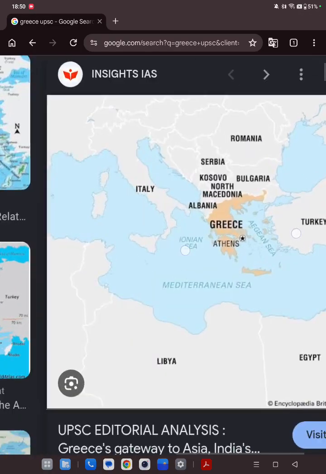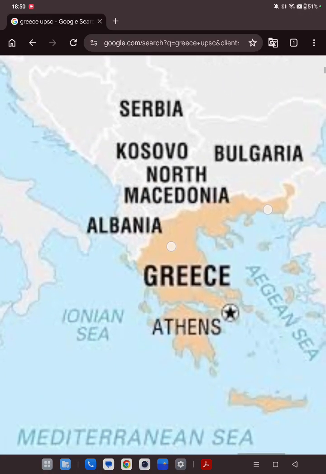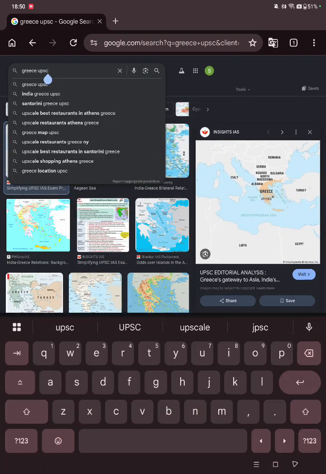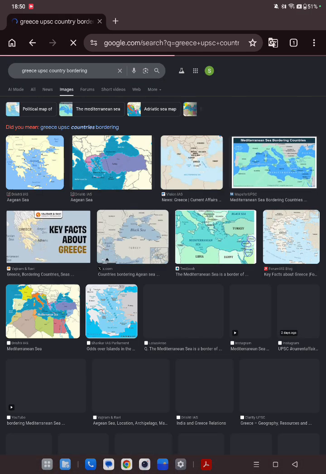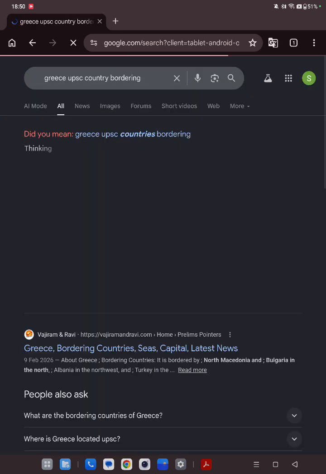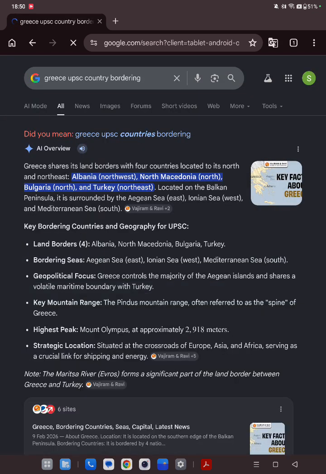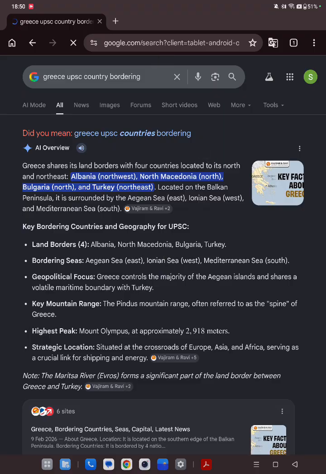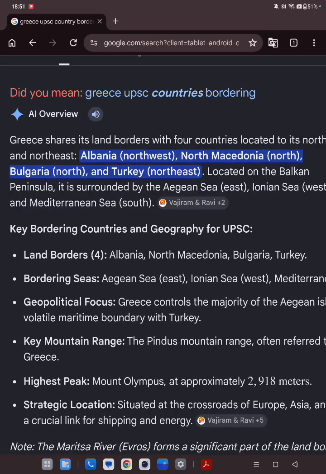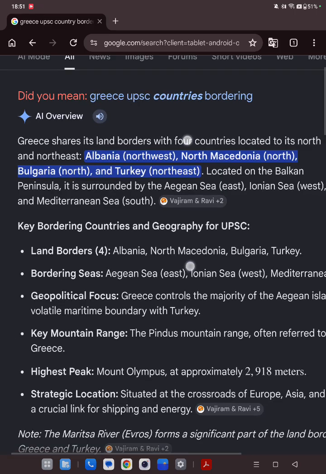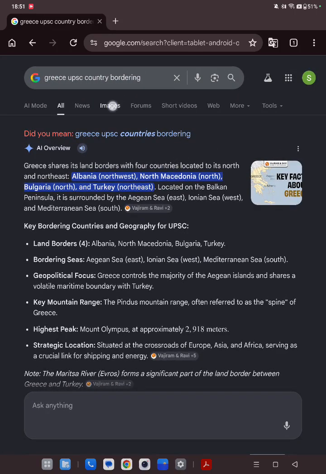As we cannot clearly see which countries border Greece, just type countries bordering and enter. Yeah, so we have Albania, North Macedonia, Bulgaria, Turkey.